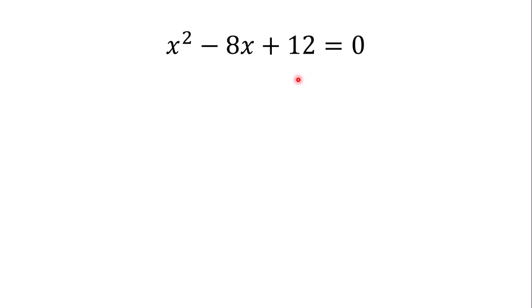12. I did this because we are going to find factors which, when summed, will give you what is here, but when multiplied will give you the product of the coefficient of x squared and the constant here. Okay, so what are the factors?